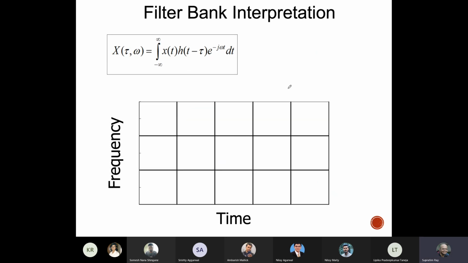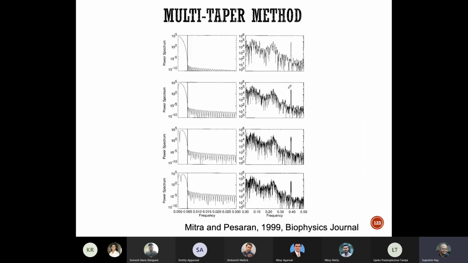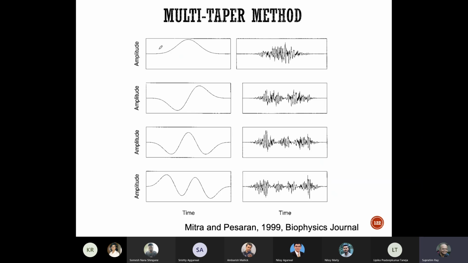When I do the multi-taper method, now I have got a bunch of filters. They are all low pass like this. So when I do multi-taper analysis, again I am multiplying with a window like this. So this is your h(t) now, h1(t) rather.